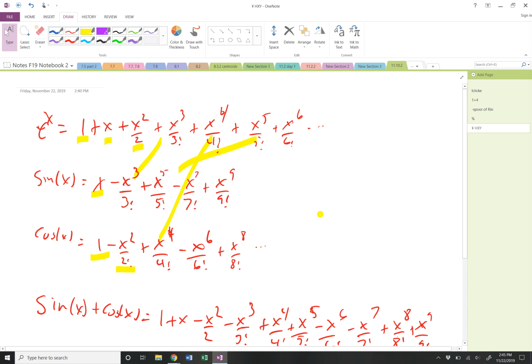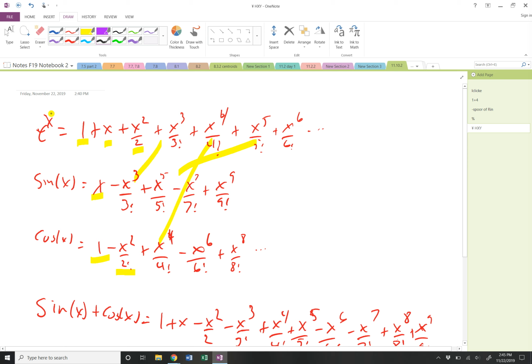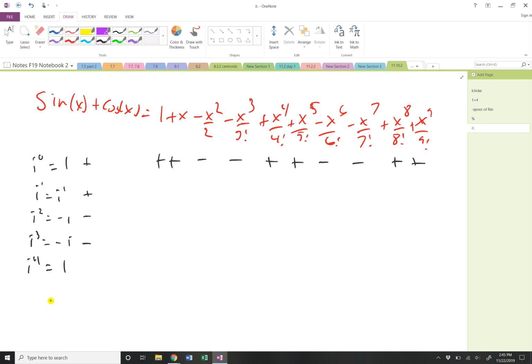What if I throw in an i with the x here? Then I'll end up with powers of i, and I end up with e to the ix equals 1 plus ix minus x squared over 2 minus ix cubed over 3 factorial.